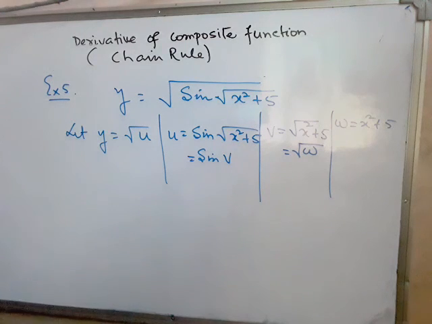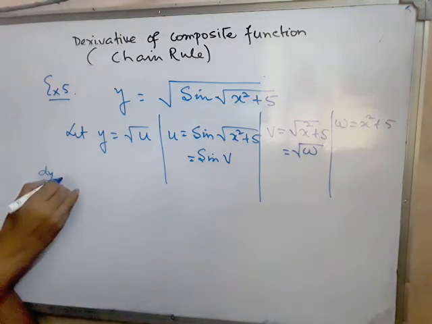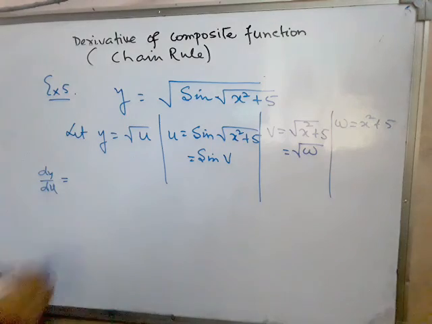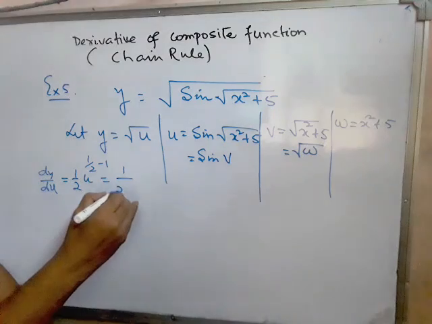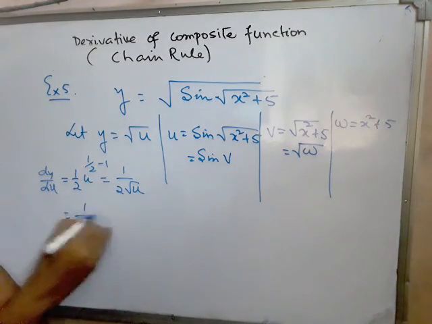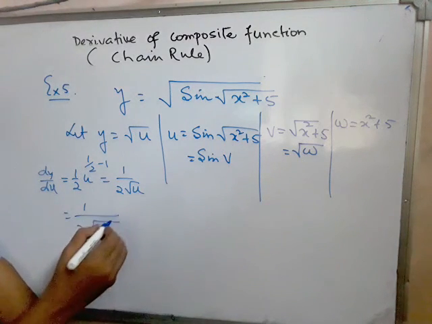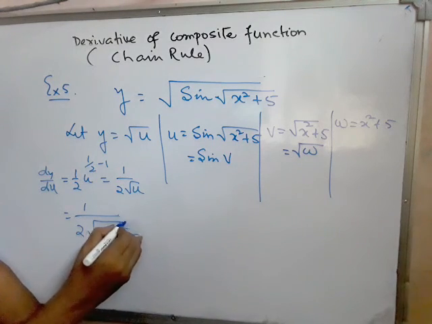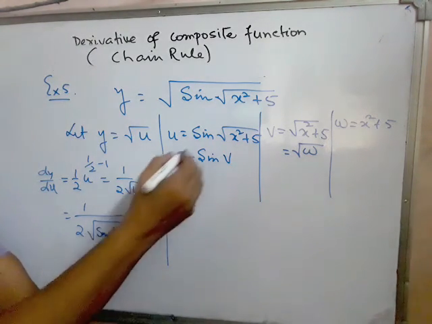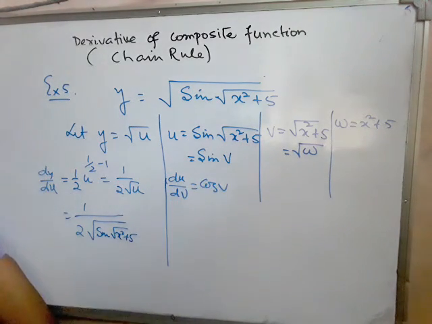So here so many functions are involved in between y and x. So first we will find from here. dy by du equals u to the power half, so half u to the power half minus 1, that is 1 by 2 root u, that is 1 by 2, and u means sine root over x square plus 5. du by dv equals cos v.